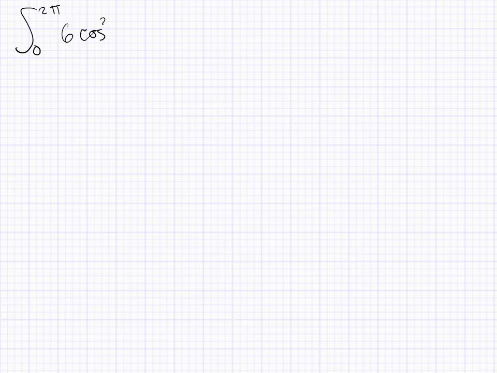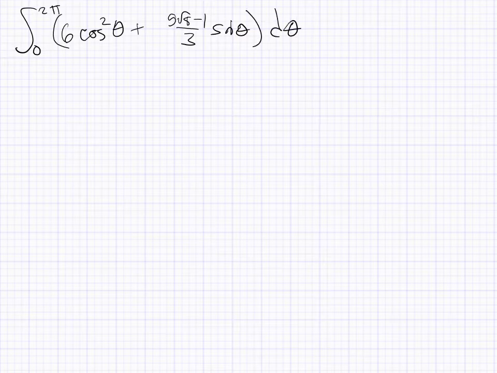So if we bring our integral together, we have 0 to 2 pi. I'll bring the cosines together. It's going to turn out to be 6 cosine squared theta. And I bring the sines together. It'll be 5 root 5 minus 1 over 3 sine theta d theta. So it's a single variable integral, so it should be no big deal. Cosine squared, we should have learned this back in Calc 2.